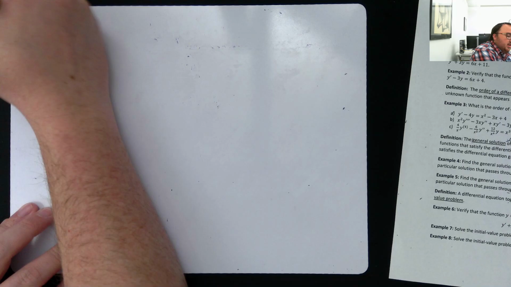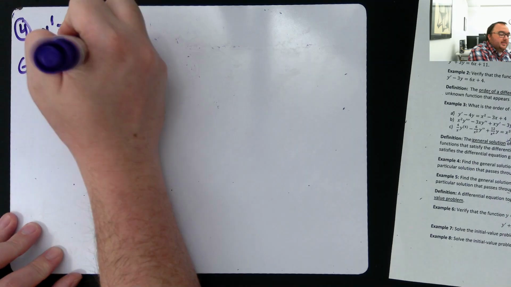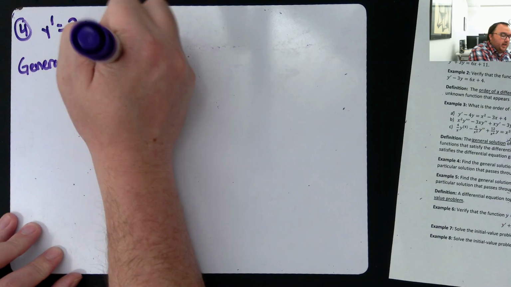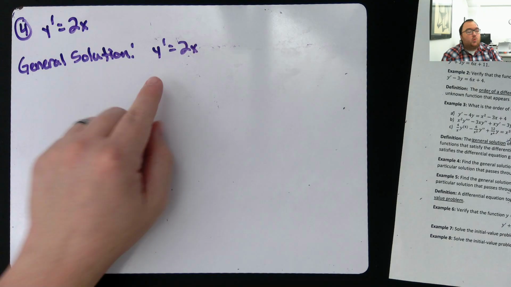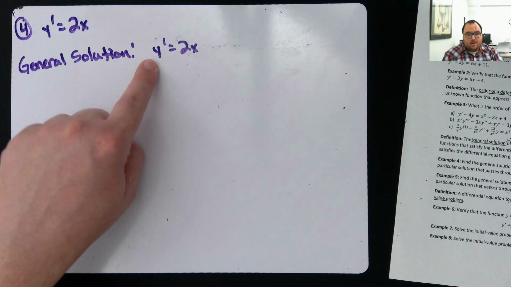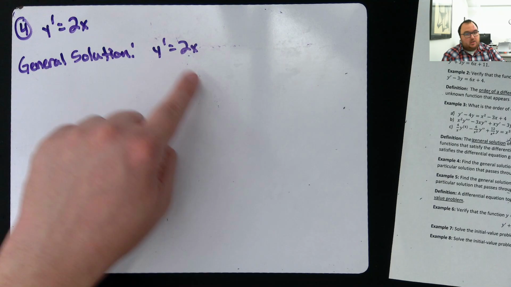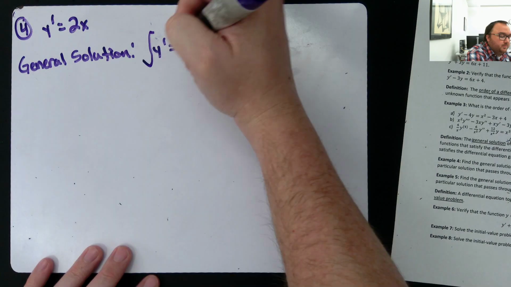So first things first is they want the general solution. So the basic format. Okay. So I know that y prime is equal to 2x. So what that means is I know that the derivative of y is equal to 2x. If I know that the derivative is equal to something over here, how I go backwards and find y is take the antiderivative. So do that.